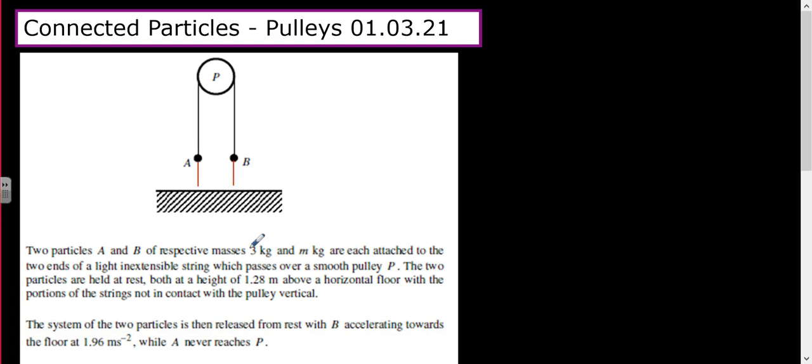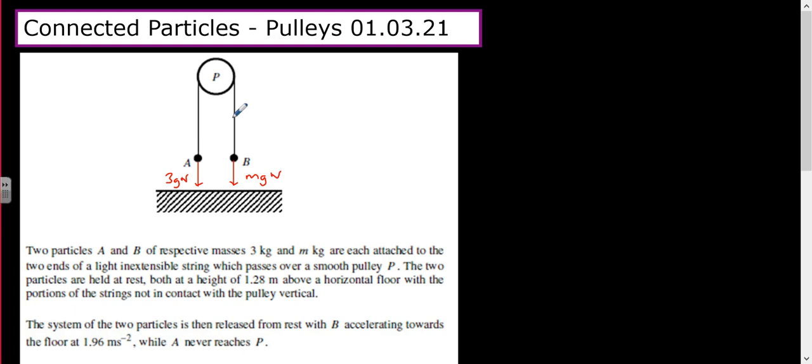For A, we have 3 kilograms, so its weight is 3g newtons. So we have a force of 3g newtons heading down that way. For B, its mass is m, so we've got a weight of mg newtons acting directly down.